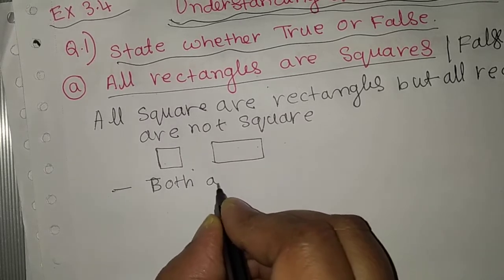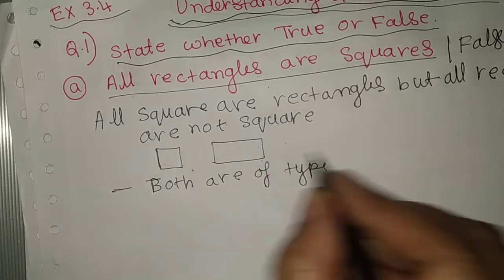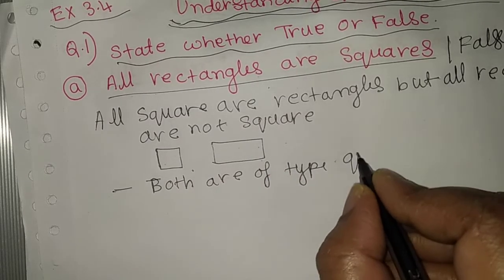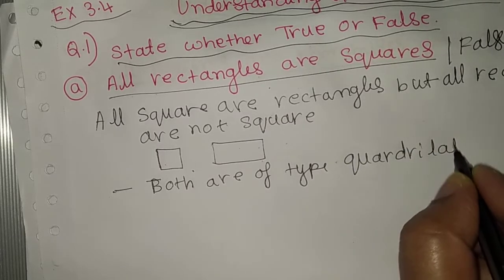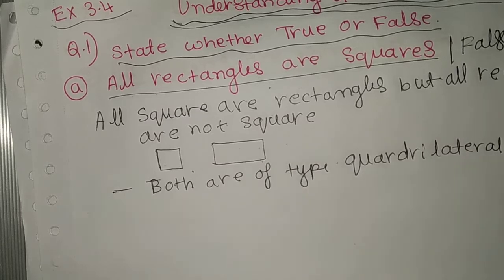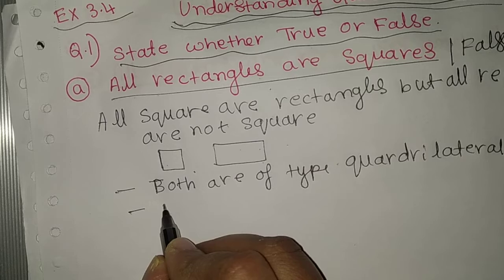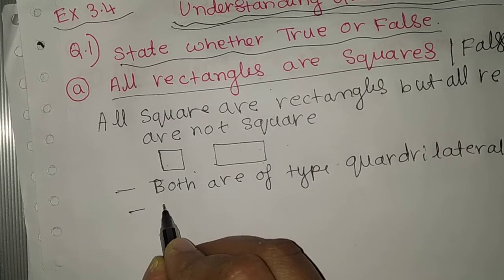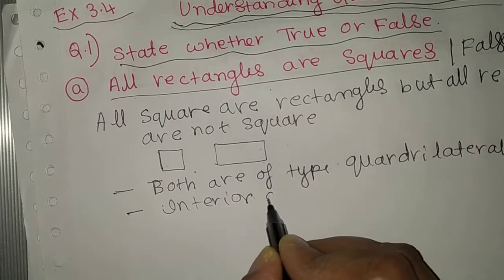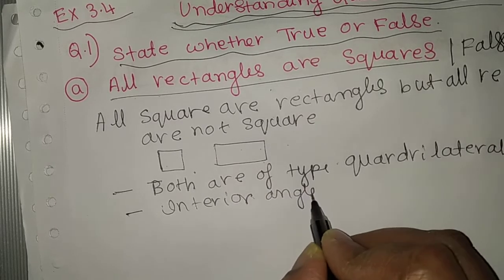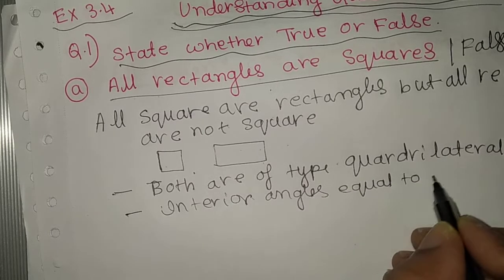Both are of the type square and rectangle, quadrilaterals, and the interior angles are equal to 90 degrees.